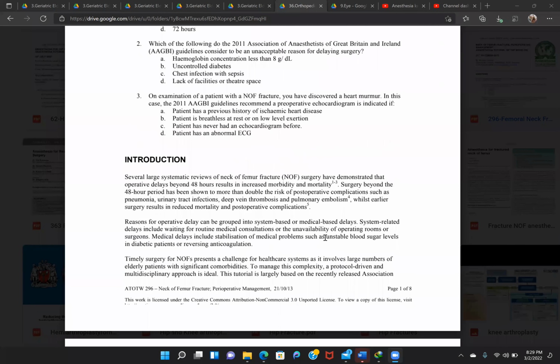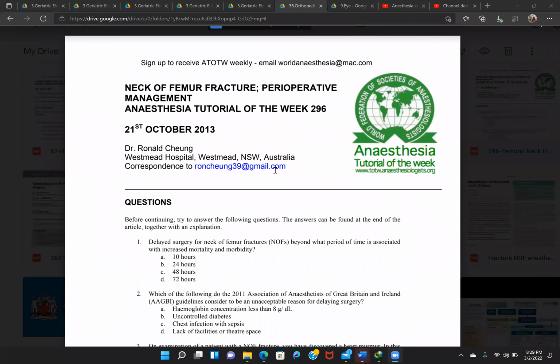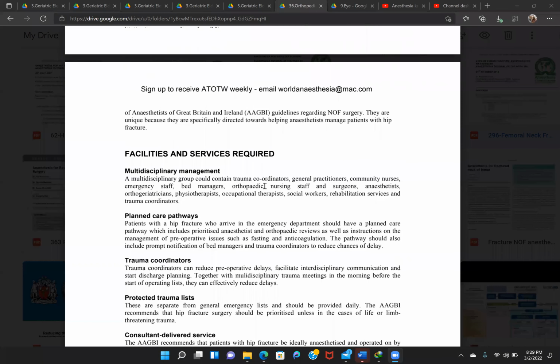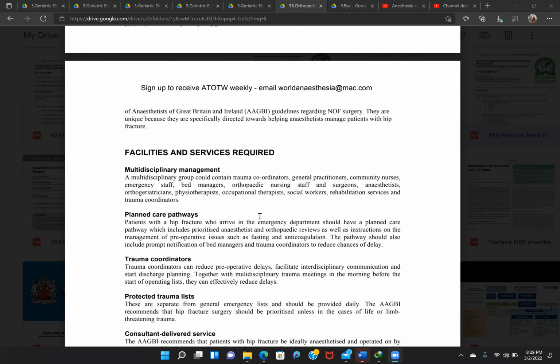Yes. Okay. So this is one of the anesthesia tutorials on the fractured neck of femur. They have highlighted some of the things which we have already discussed. We will be having a multidisciplinary team, because in Western countries, these patients may be shifted from a nursing home. So there will be concerns related to old age, neglected, depressed patients. In other parts of the world, the scenarios may be a little different.